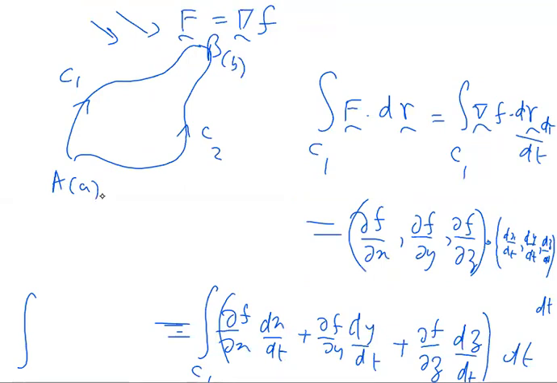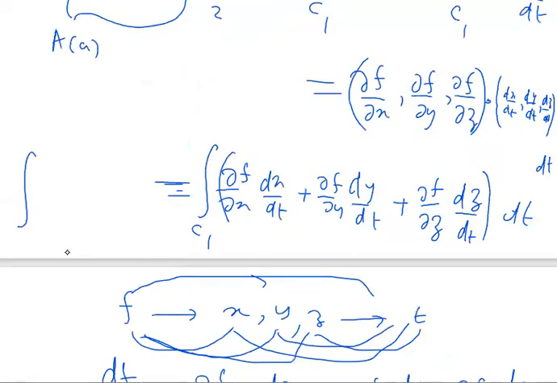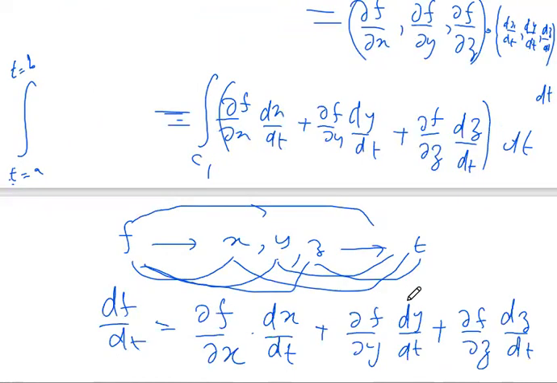So t is changing from a to b. So I could write this one as the integral of df/dt dt.